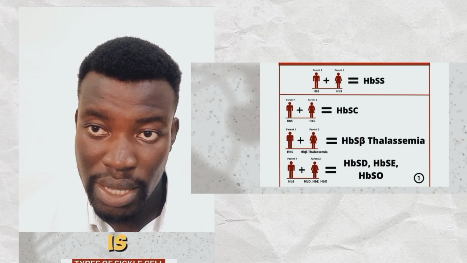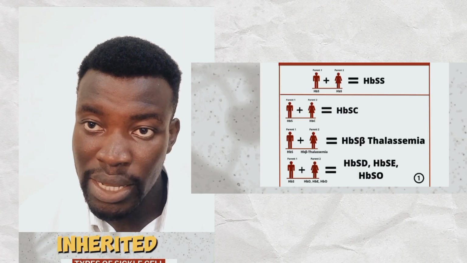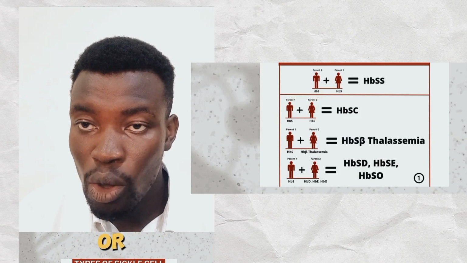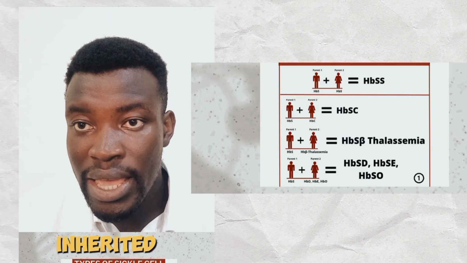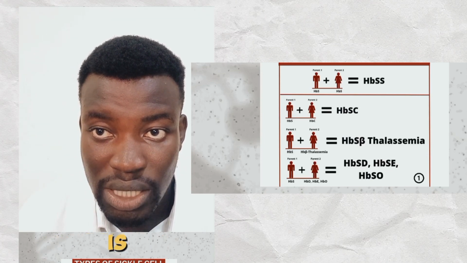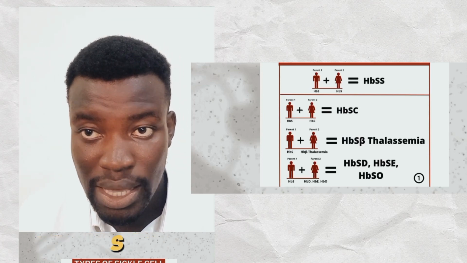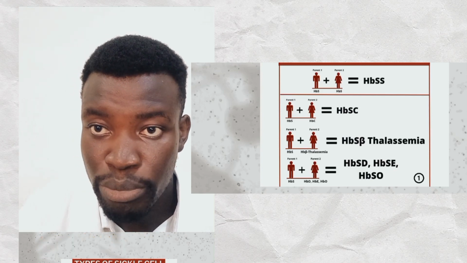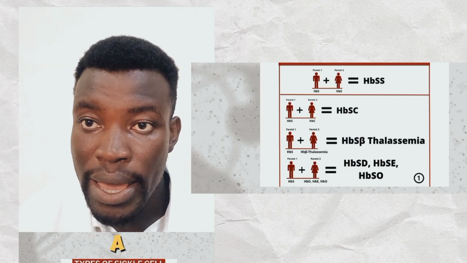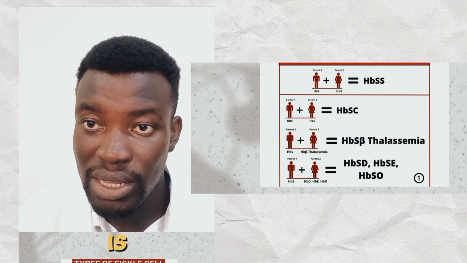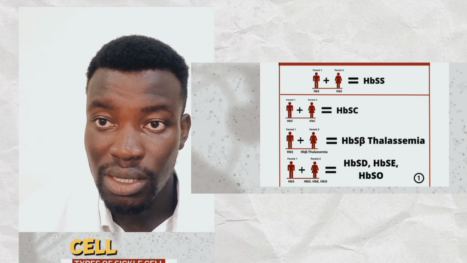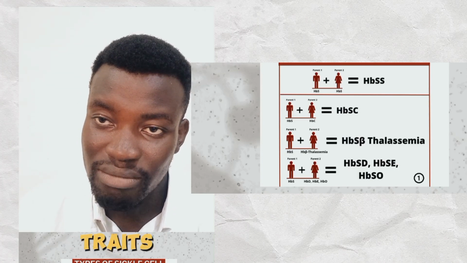So one is that the person inherited a normal hemoglobin from one parent, and then inherited an abnormal hemoglobin from the other parent, which is the abnormal hemoglobin S, and the normal is the hemoglobin A. So when these two come together, the patient will become AS. So that means we say the person has a sickle cell trait. Yes, it's a sickle cell trait. Let me put it that way.